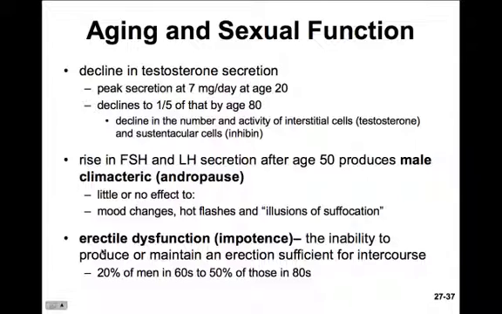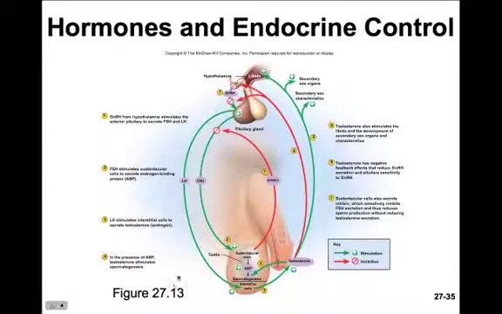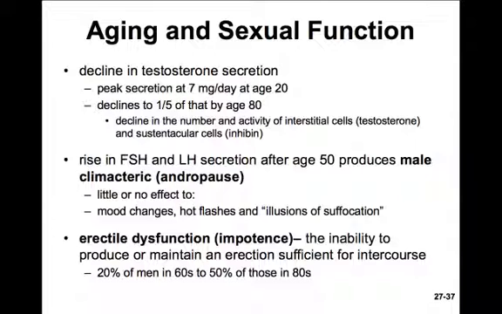We also see a decline in the number and activity of sustentacular cells, and thus we see less inhibin. And if we go back to this figure, you'll remember that inhibin and testosterone have a negative feedback effect on the production of FSH and LH, which causes a rise in FSH and LH secretion after the age of 50, and it produces some effects in males.